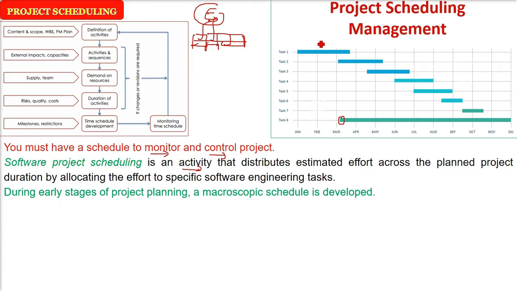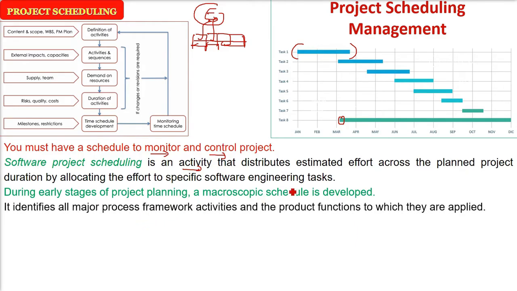During the early stages of project planning, you don't need to make it very microscopic. So a macroscopic schedule may be developed, because this will identify all the major process framework activities of your software engineering activities and the product functions to which they are applied.